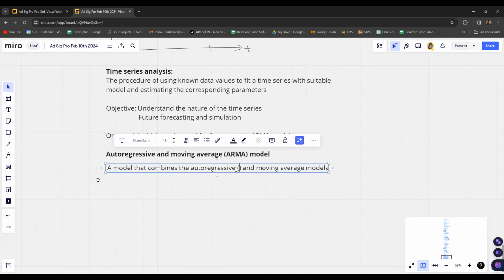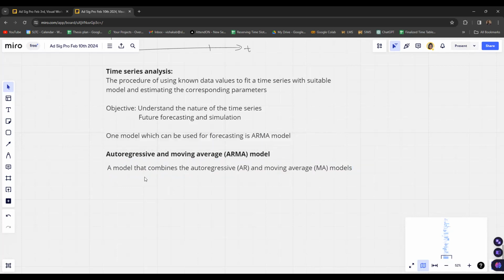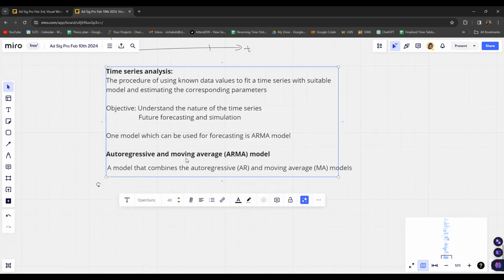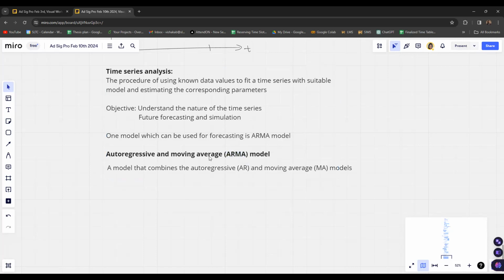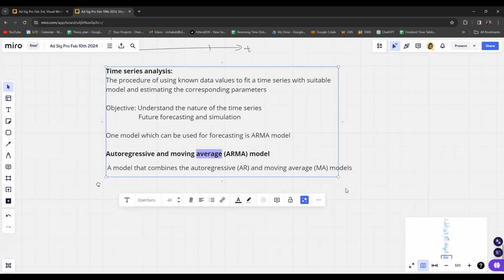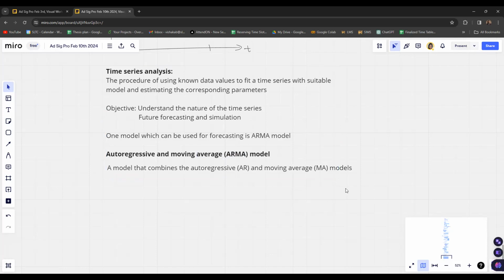There are models called moving average models and auto-regressive models as well, and we will learn about that. So the auto-regressive and moving average model, or ARMA model, is a combination of the auto-regressive model and the moving average model. As I said before, this ARMA model is used to predict the future of a certain time signal. So we are going to use these models, AR and MA models.